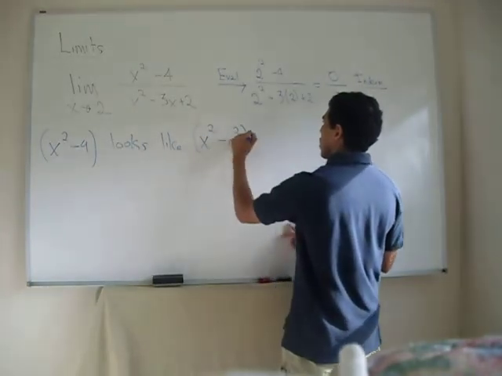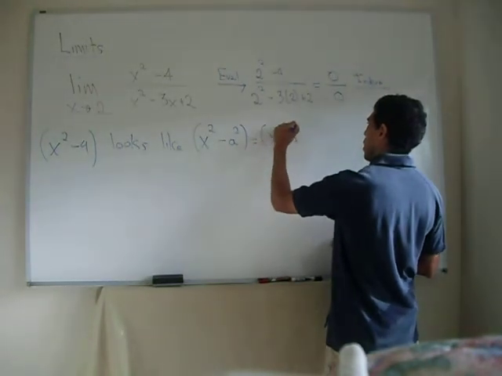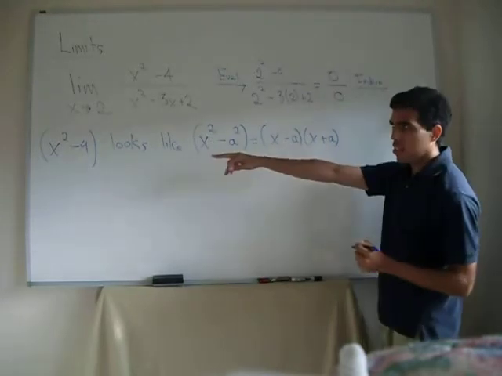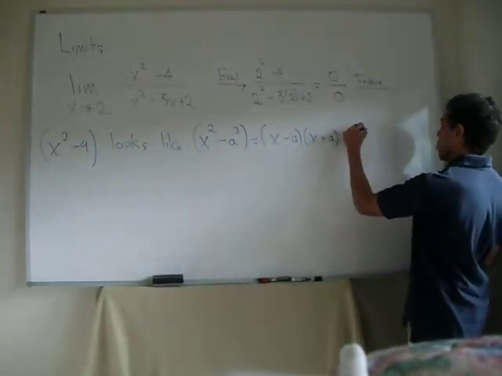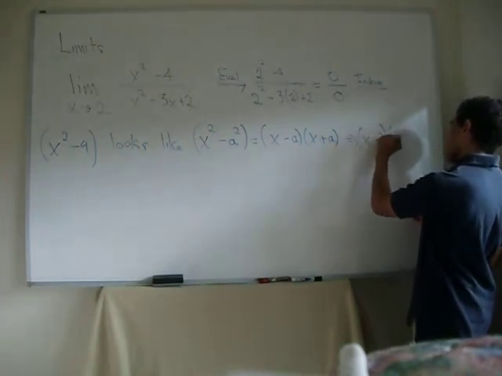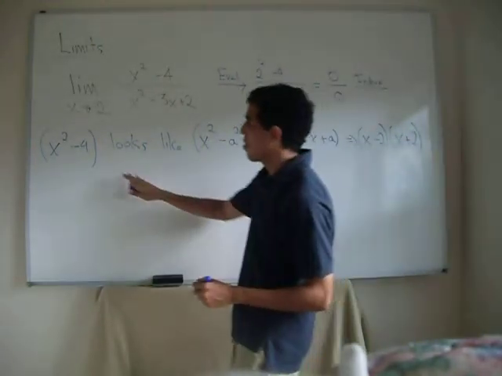And that is exactly as if I had x minus a, x plus a. So that means that x squared minus 4 is going to be broken into x minus 2, x plus 2. Okay?